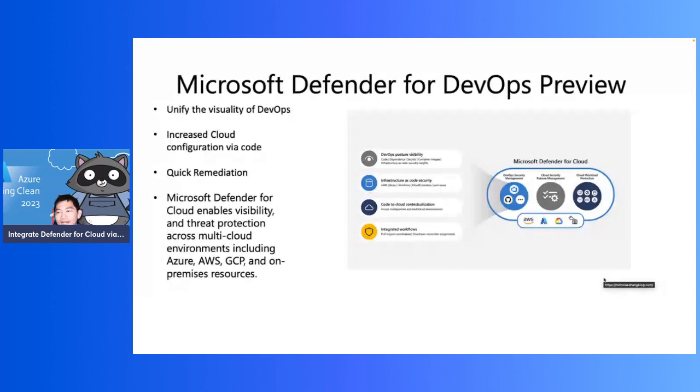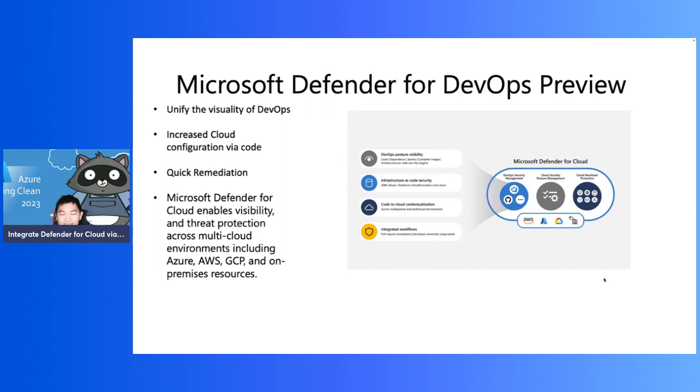Microsoft Defender for DevOps is in preview. It was released late last year. It's a good solution that lets you integrate DevOps services and gives you better monitoring and visibility of your DevOps.